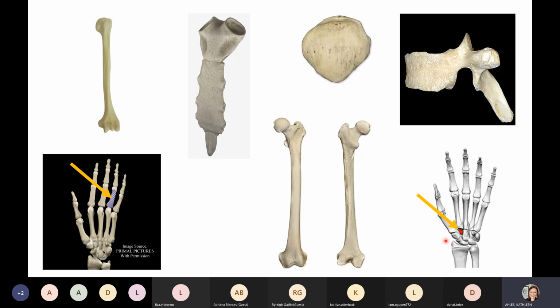Any last questions about classifying bones before we move on? What was the mnemonic? We will talk about that more later. I'll type it in the chat because you absolutely don't have to know it yet at this point.